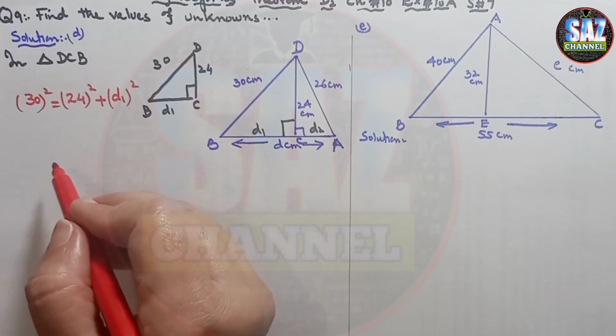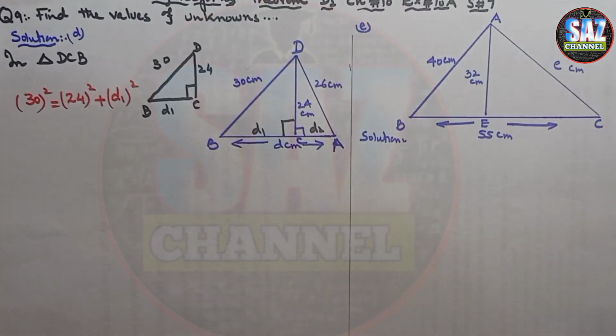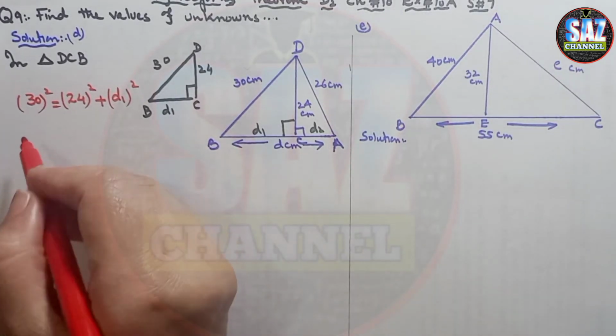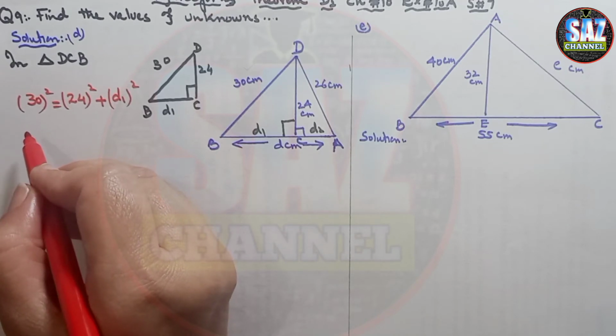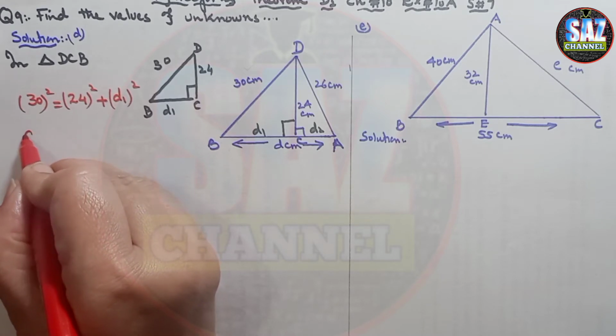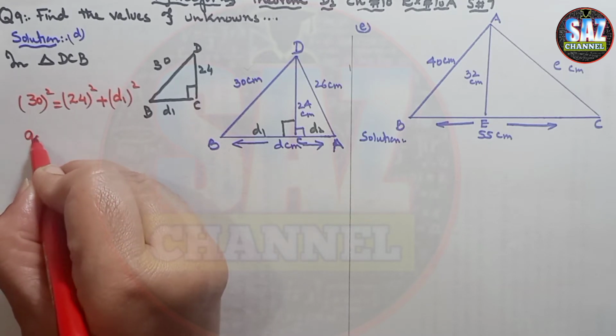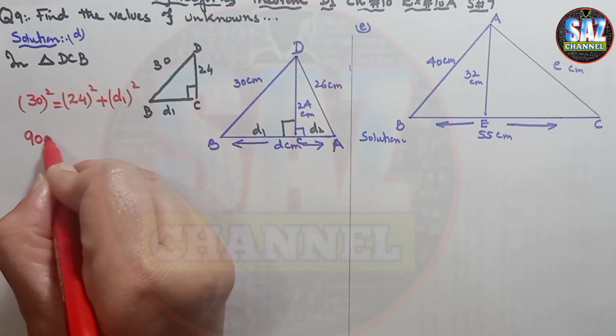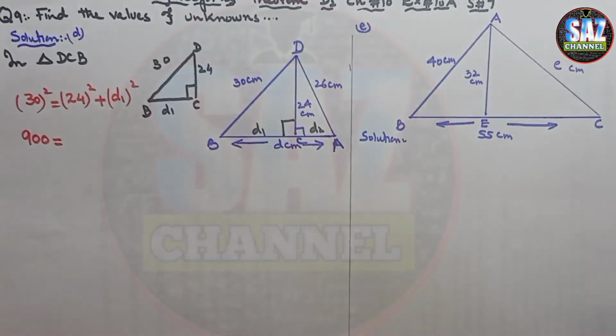Now, if you have good command on squares and square roots from chapter number 3, the lesson will really be easy for you. Recall the square of 30: the square of 3 is 9, and remember the rule that we have to double the zeros, so 900. And the square of 24 is 576.